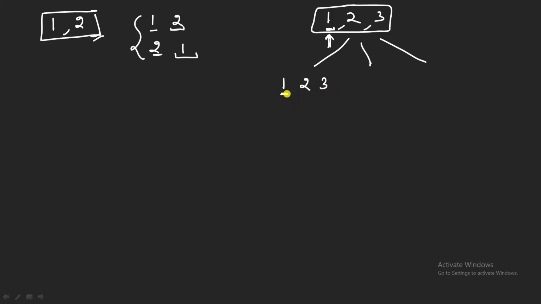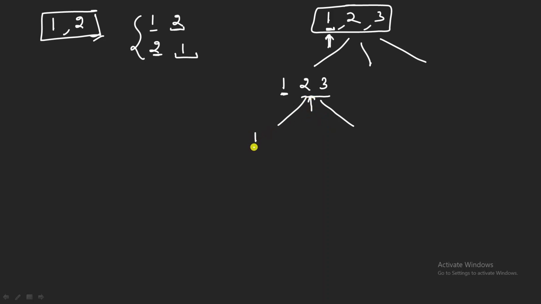Now next I will go again and say at the second position, because we are left with these elements now, what can come? I will say 2 can come or 3 can come. So I can have two directions to fix the element at this second position.